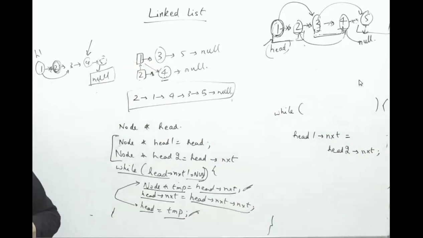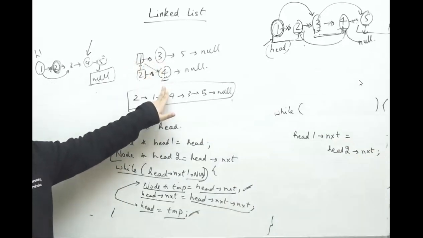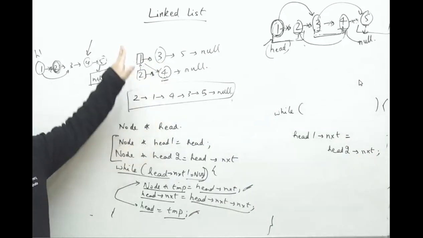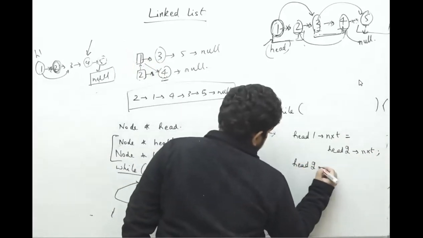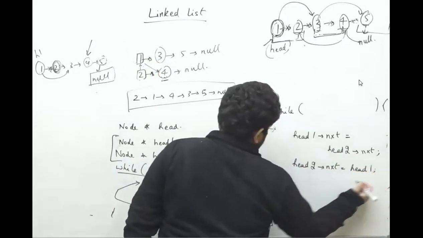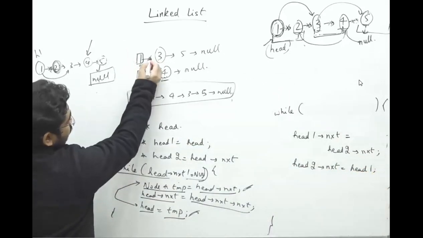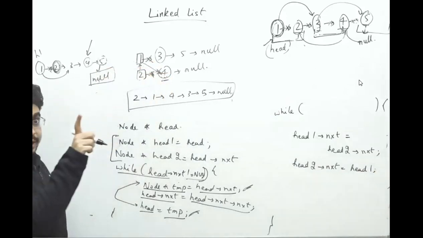Do you agree with this? Head 1's next goes to head 2's next. Yes or no? Then head 2's next goes to head 1. So we have broken this, made this, then we have broken this, made this, without any temp variable for now.